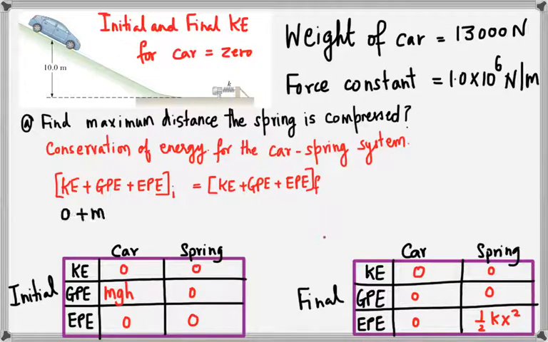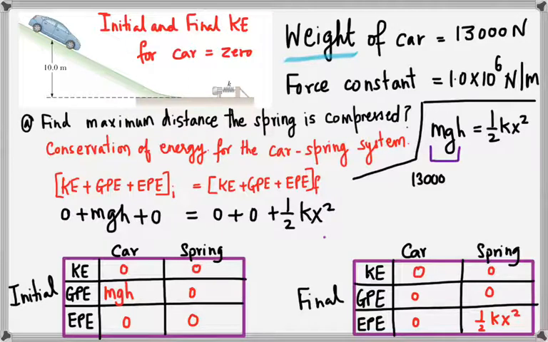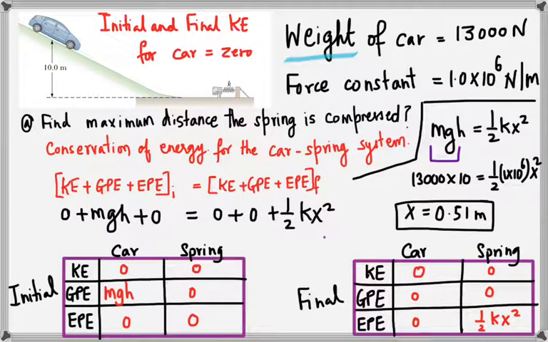Now let's go back and substitute. Once we substitute, we can see that the zeros can be removed. We can write mg as 13,000. Remember, it's mg, the weight of the car which is given, and not the mass. H is 10. The k value is given. We can solve it and get the value for x.